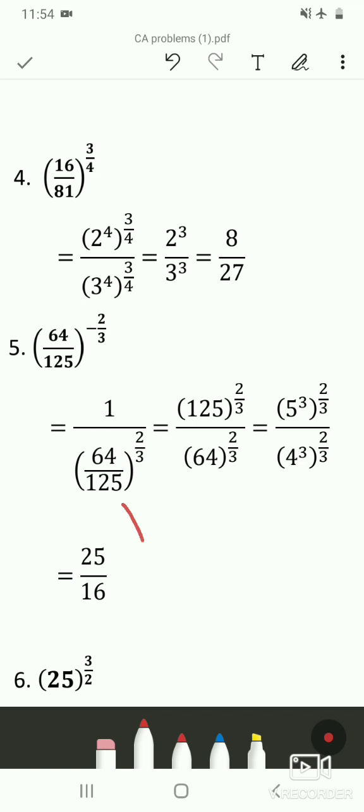So this term is in the denominator, so when you simplify it goes in the numerator. So you will get it as 125 raised to 2 upon 3 divided by 64 raised to 2 upon 3.